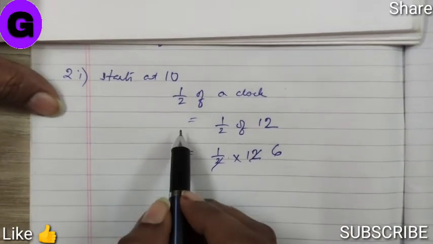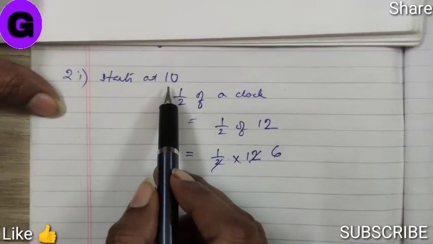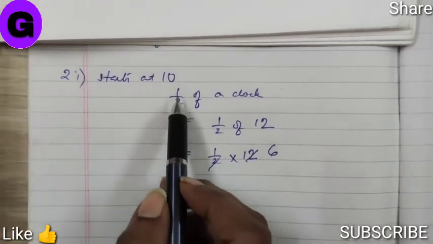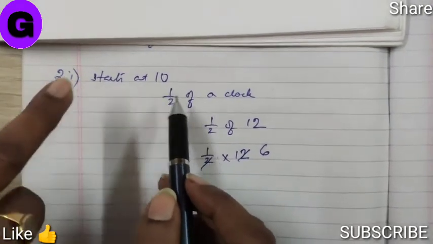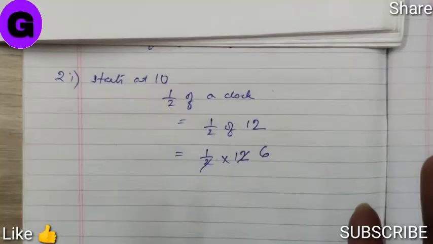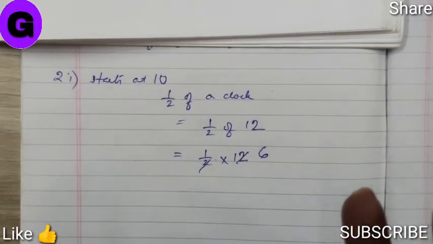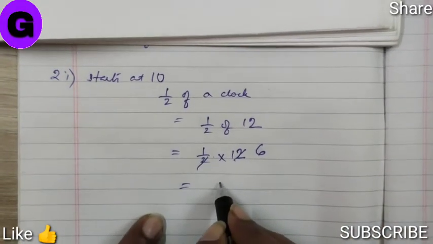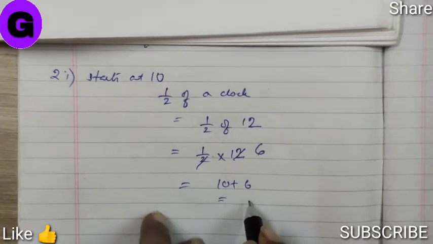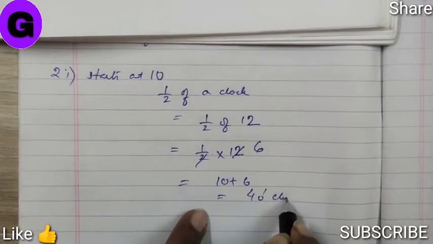So what is the time we'll be getting after 6 hours? 10 plus 6 will give us 10, 11, 12, 1, 2, 3, 4. So it will be 4 o'clock.